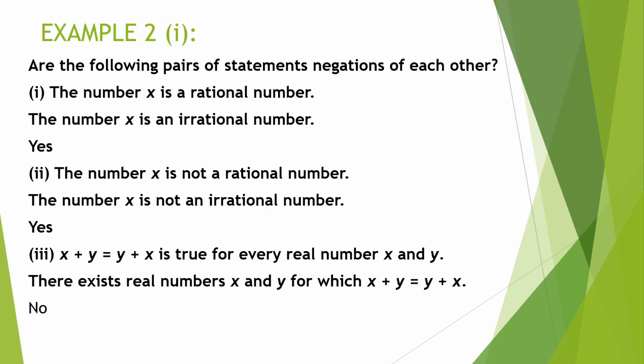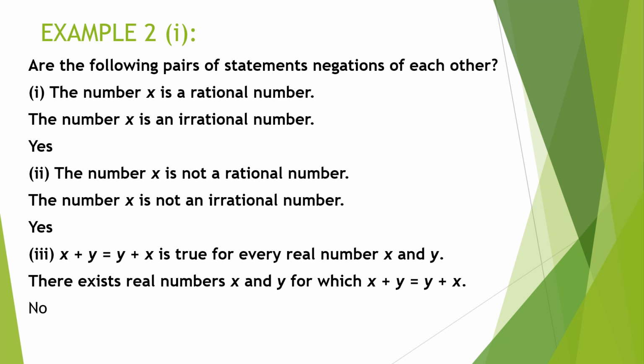The number x is not an irrational number. Now see, the number x is not a rational number. Its simple negation will be the number x is a rational number. But the second statement also means the same. The number x is not an irrational number means the number x is a rational number. So basically both the statements in the pair are negations of each other.